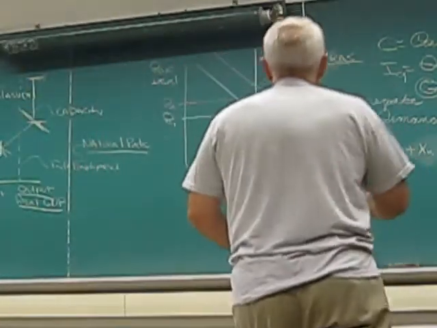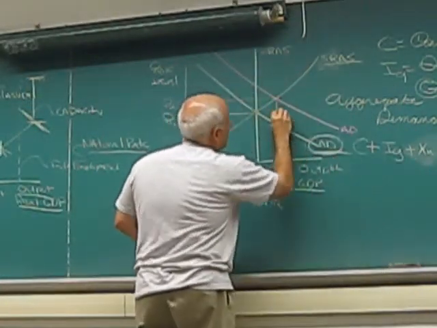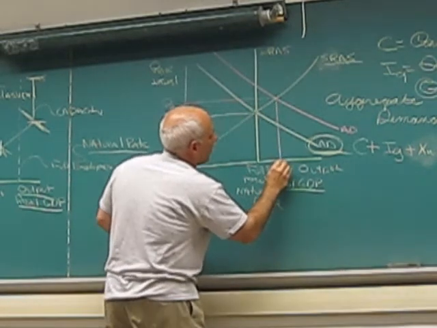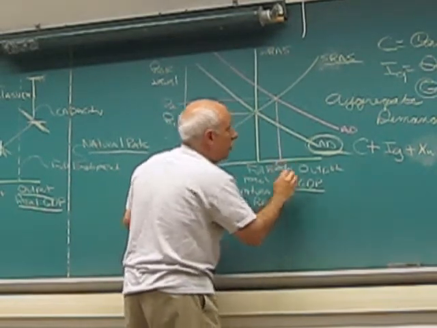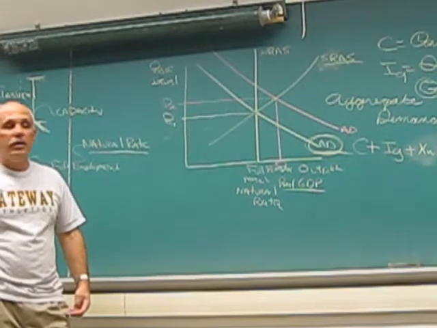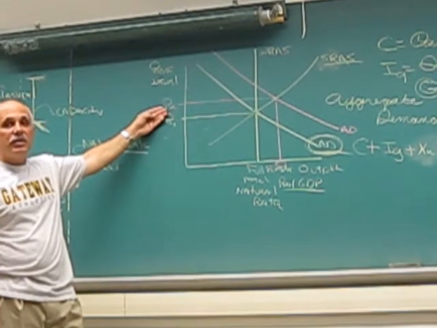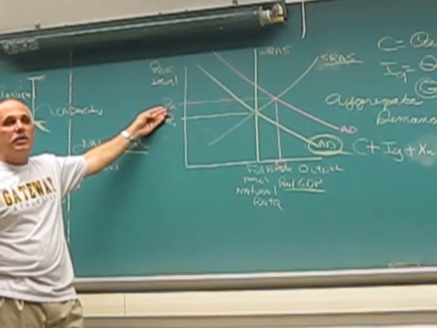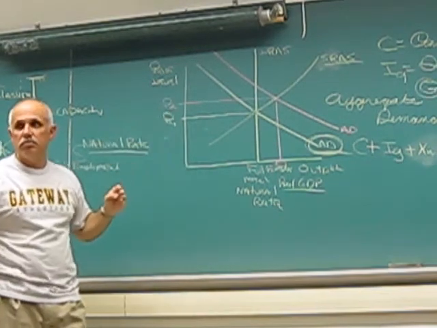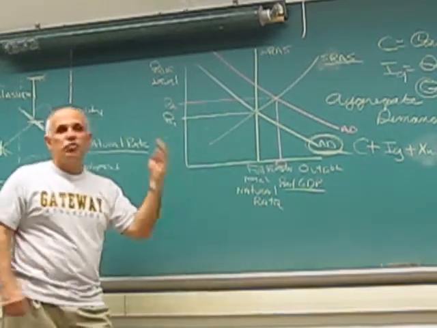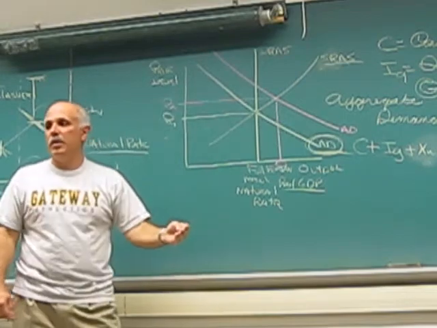When they expand their output, we have an output level now beyond full employment. Now, if this were the case, we would say the problem in this economy is inflation. Demand is driving prices up.